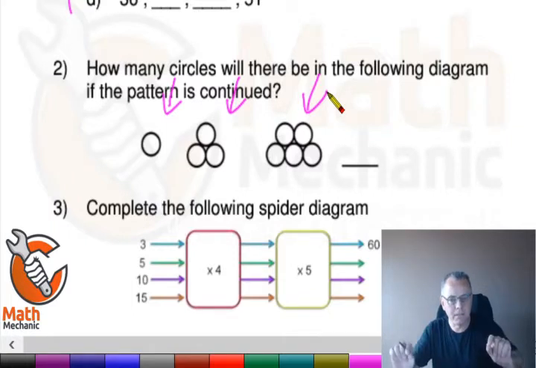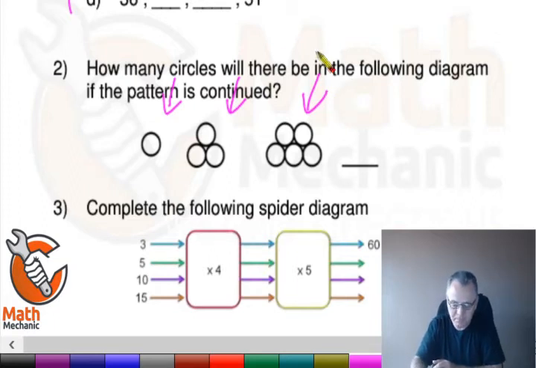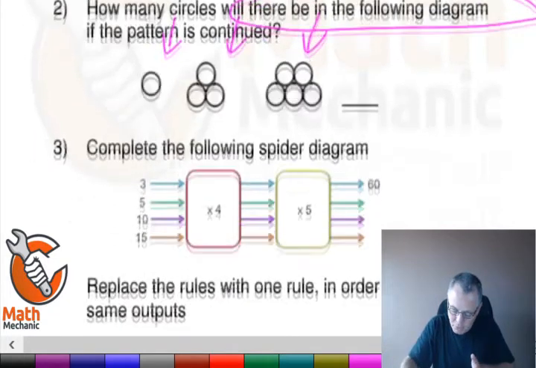And with those numbers, you can form a number pattern exactly like we did in question number 1. Finding out what is the constant term that is being added, subtracted, multiplied, or divided, so that you can take that rule to the next term and actually answer the question where they say, how many circles will there be in the following diagram? Then we come to question number 3.